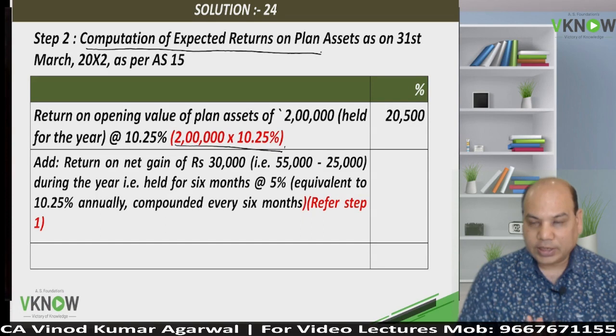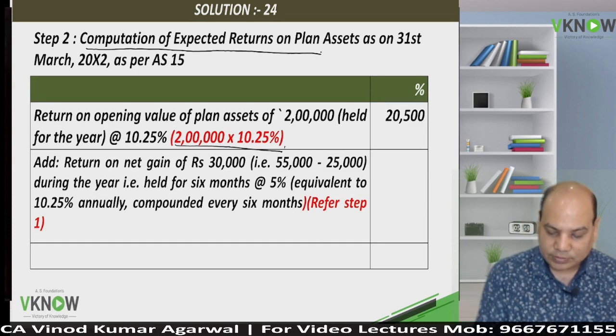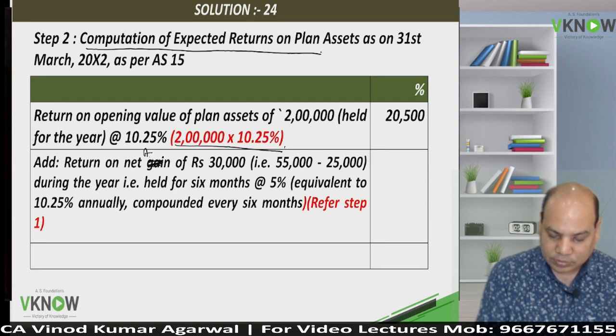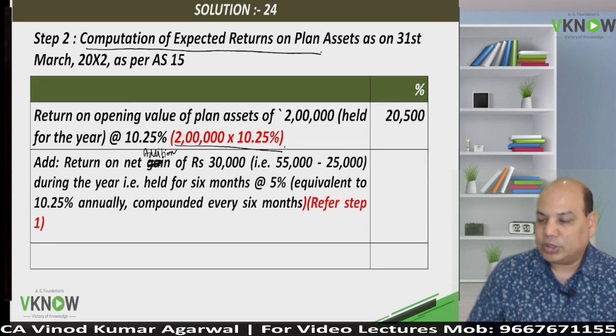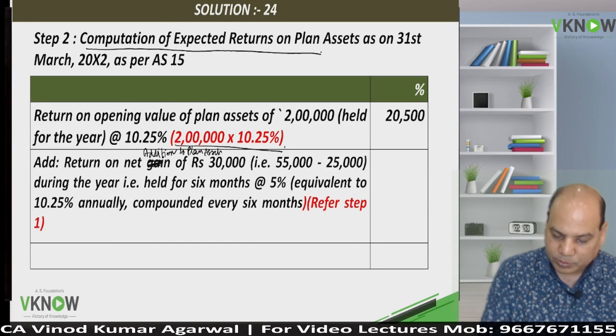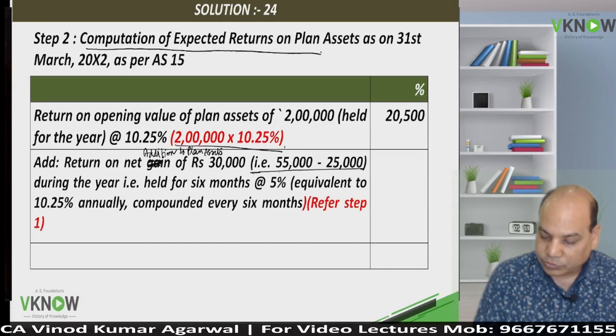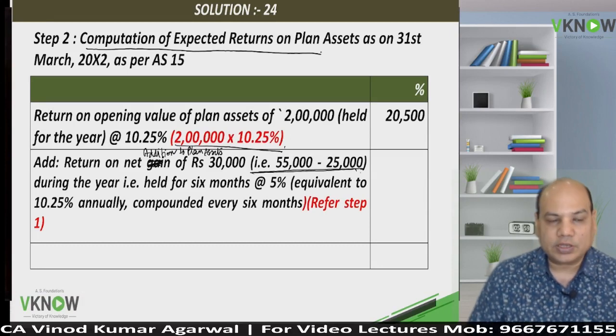Then write down next, add return on net addition to plan asset of rupees 30,000. How has this 30,000 come? 55,000 minus 25,000 during the year.